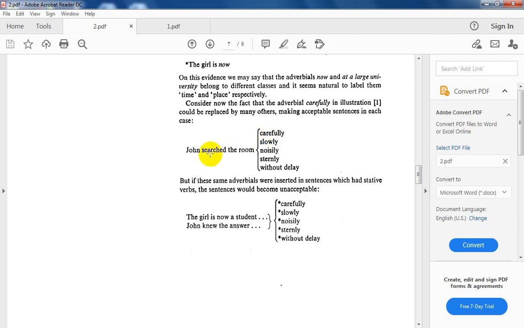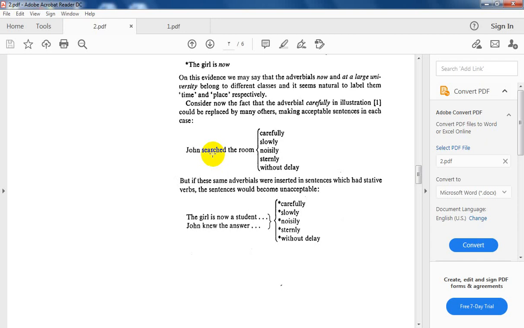Here, with search carefully, I describe the process of searching. Carefully, slowly, noisily, serenely, without delay: these are all adverbs describing the process of searching here.